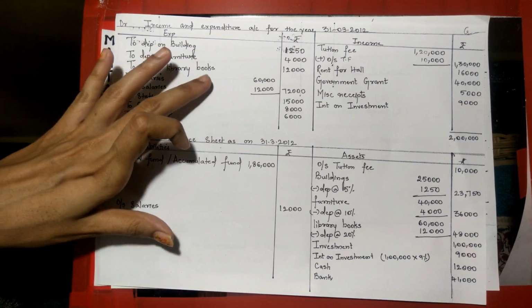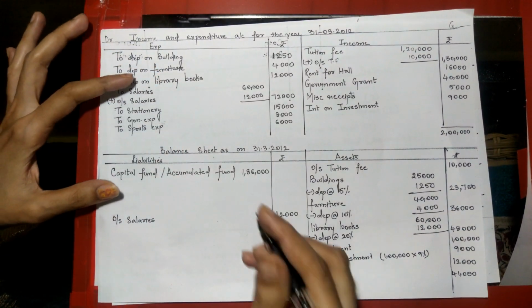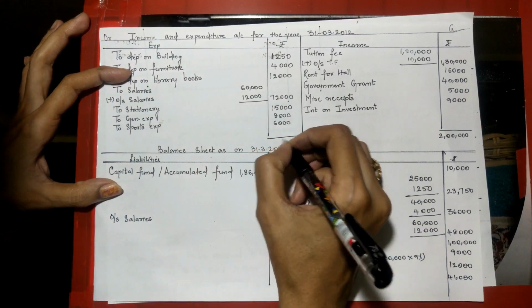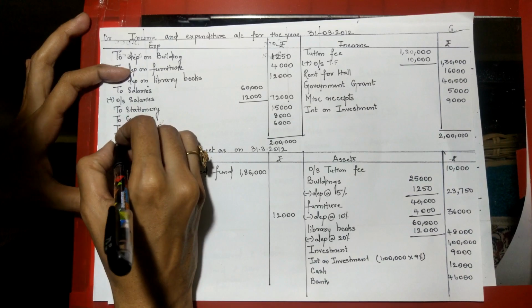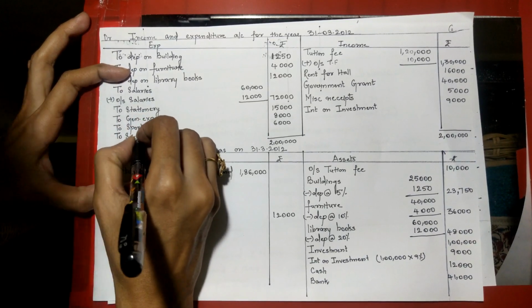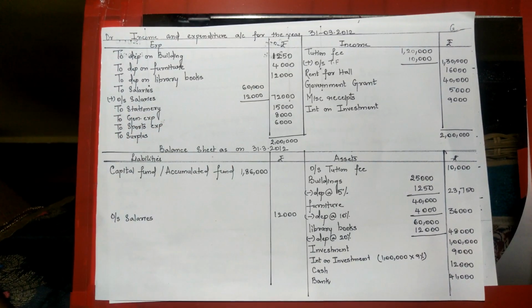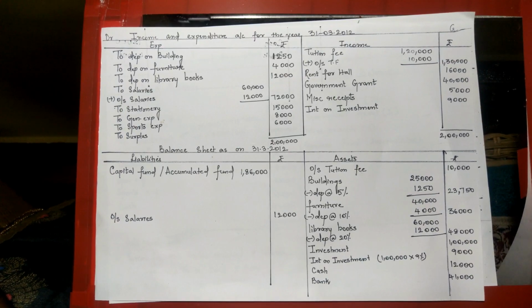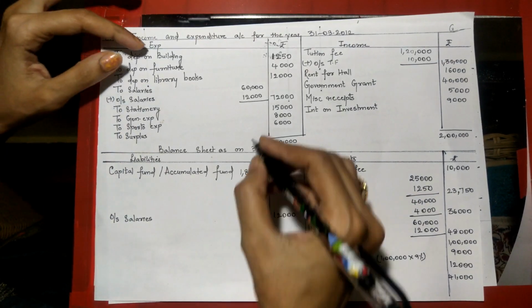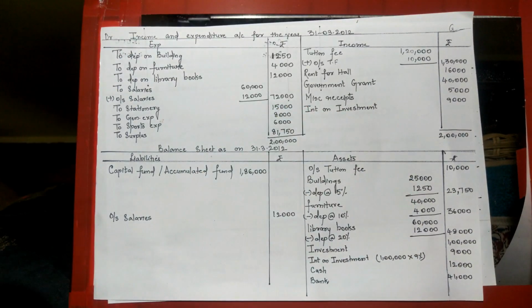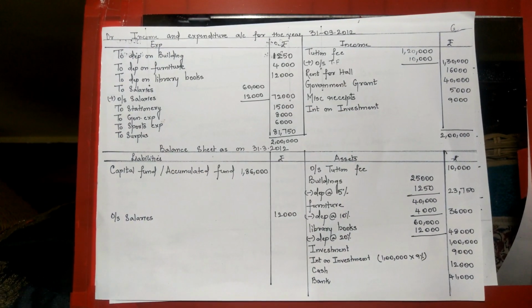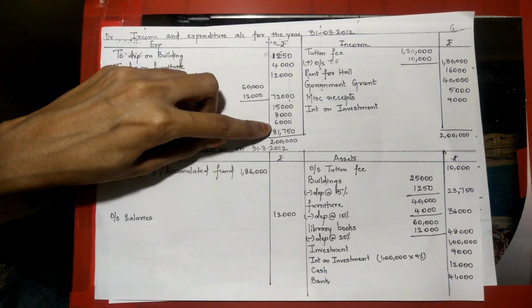Yes, on the debit side, the total is 1,18,250. So there is a surplus. Surplus of 2 lakh minus 1,18,250 comes to 81,750. So there is a surplus of 81,750.